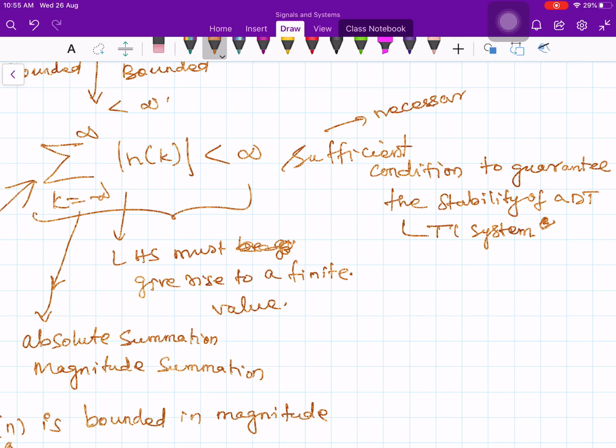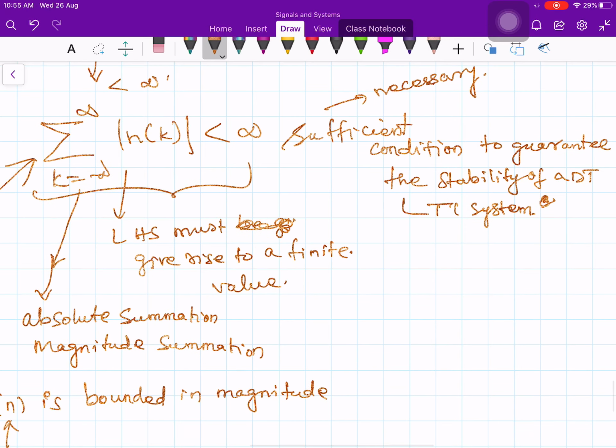That we will show a little later, maybe in one of our problem sections. Because there are bounded inputs that result in unbounded outputs. Therefore, the stability of a discrete time LTI system is completely described by this condition. So, it is a necessary and sufficient condition.